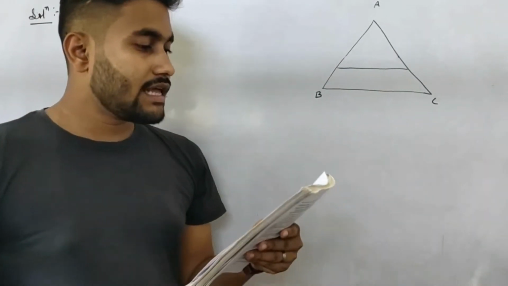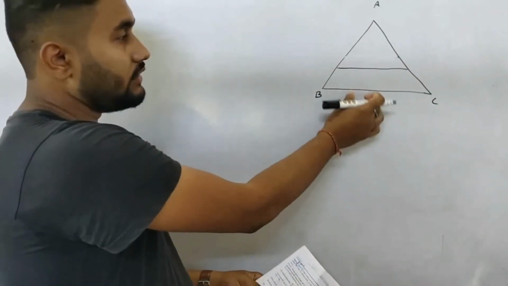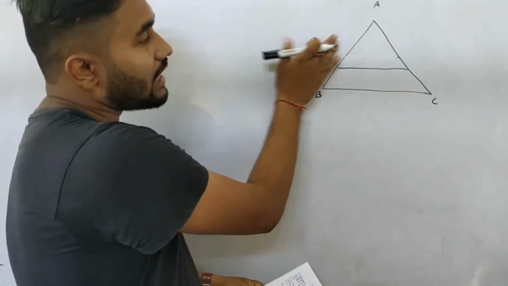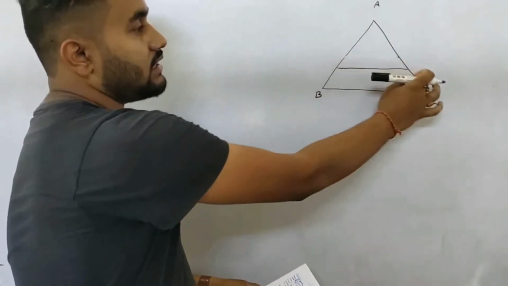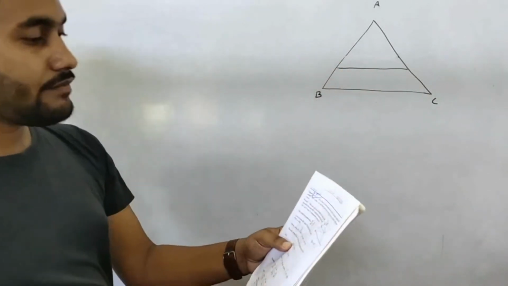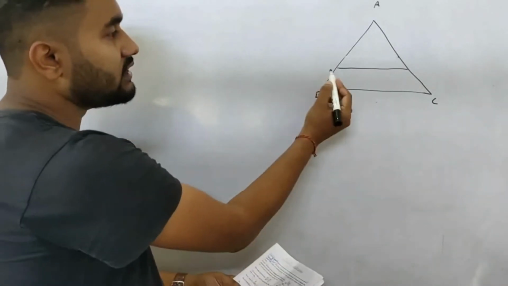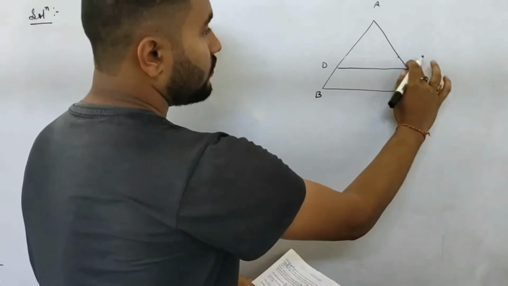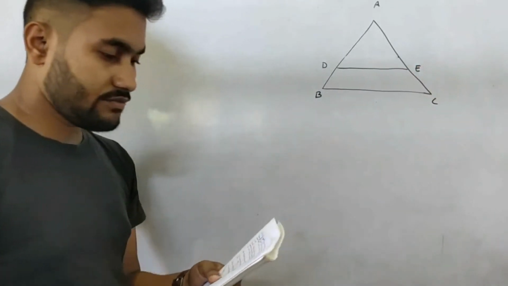To intersect the other two sides in distinct points, the other two sides are AB and AC. To intersect the other two sides in distinct points, these are the distinct points, say D and E.